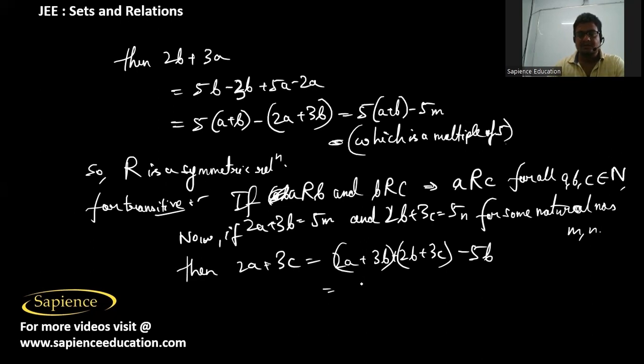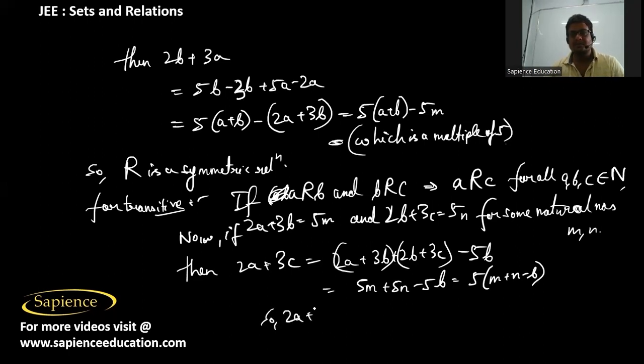So this will be 5M plus 5N minus 5B, which is equal to 5 into M plus N minus B. So M plus N minus B is also a natural number. Therefore 2A plus 3C is also a multiple of 5.